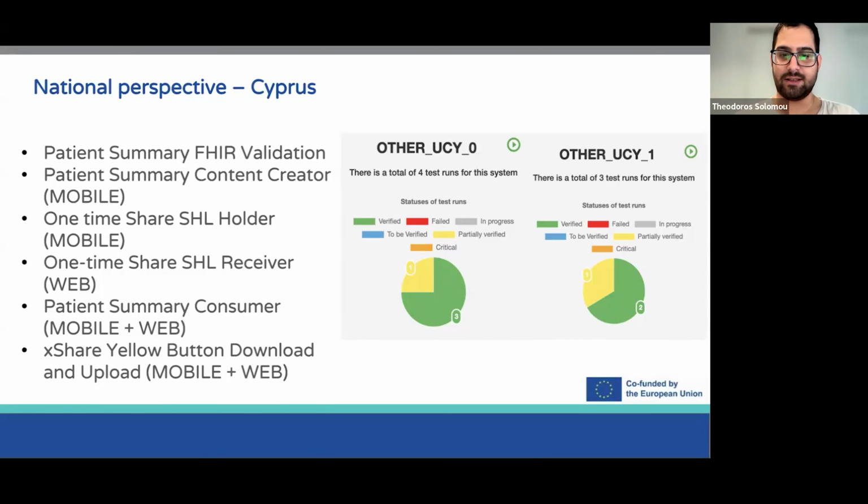In both our systems, we could consume the patient summary and also download the PDF or XML file. As you can see, we got all our tests verified, and the only one that is partially verified is only because we had one minor error in the terminology, which we fixed, and we are pending for it to be verified too. So all our tests were successful.